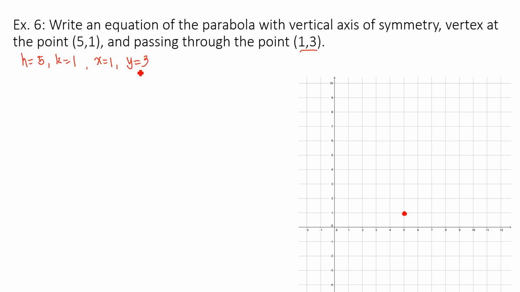Now, let's choose whether it's open upward or open downward. In this case, we're going to use the concept here. We have (x minus h) squared is equal to 4a times the quantity of (y minus k).